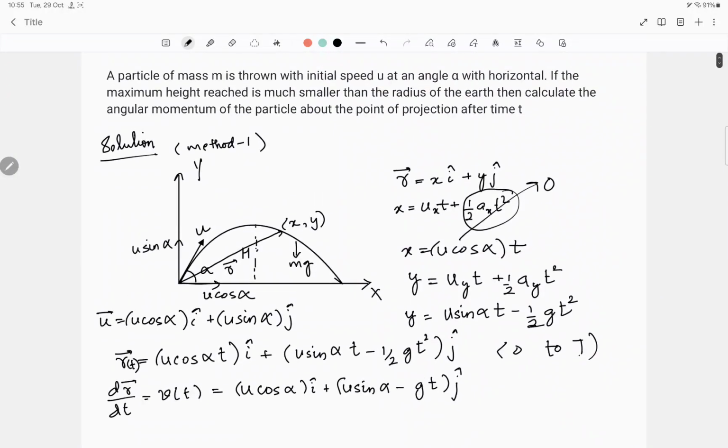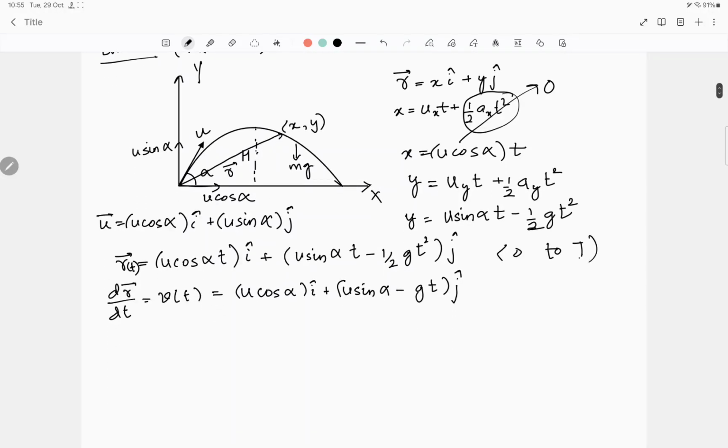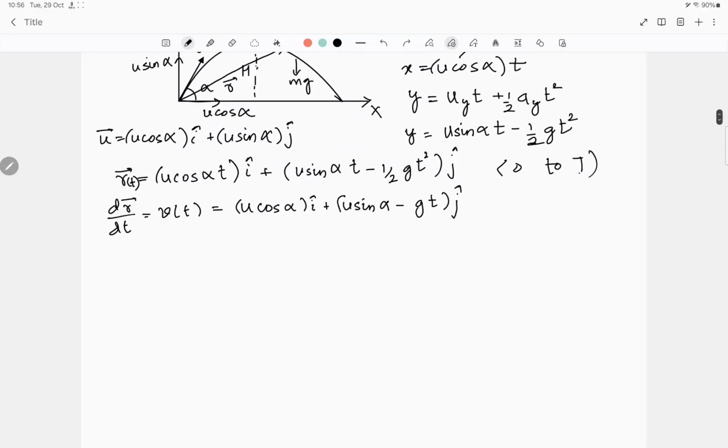We have to find angular momentum about the point of projection after time t. After time t, let the particle be at this point. It's pretty clear in the question. For angular momentum we have to first find momentum.